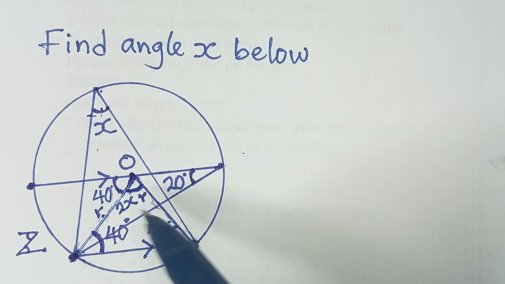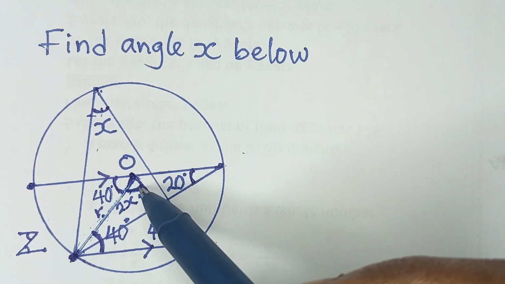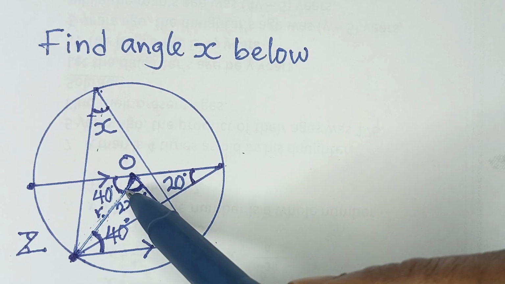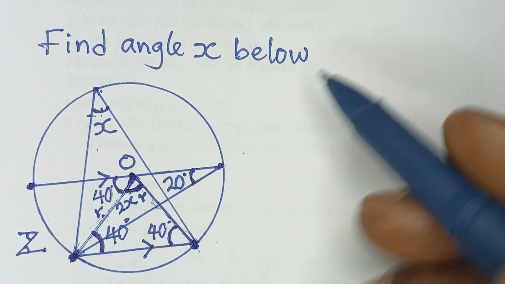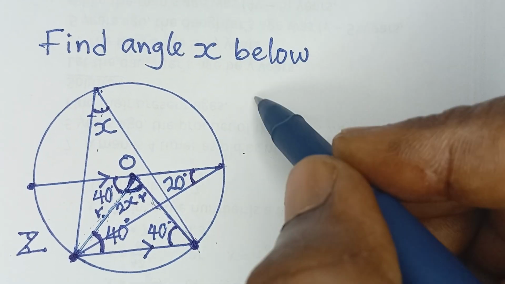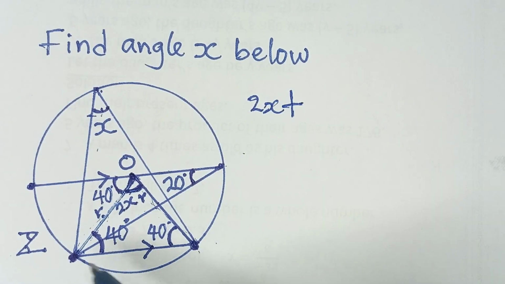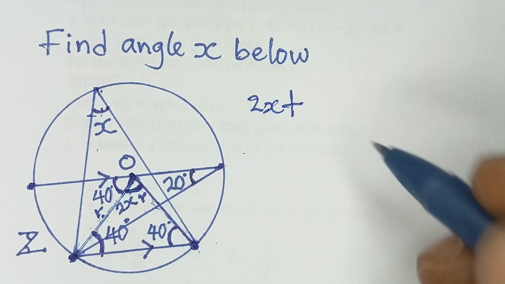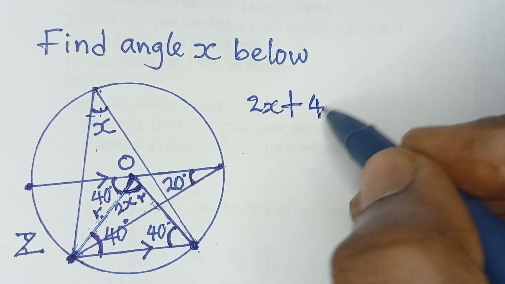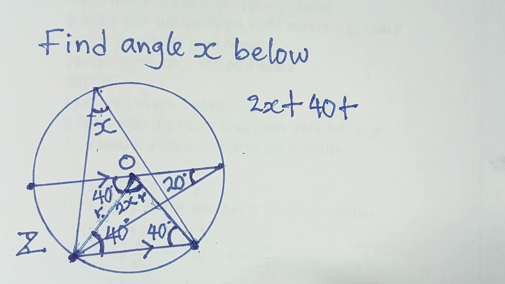Sum of angles in a triangle is equal to 180. So I have at the center here, which is this angle here, 2x. Let me write it down. 2x, and then plus, I have angle here 40 plus 40, and then also plus another angle here which is 40.